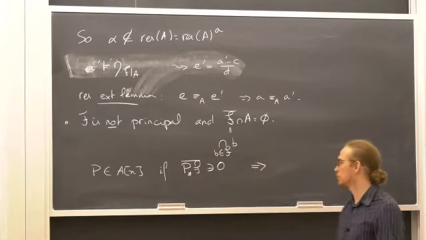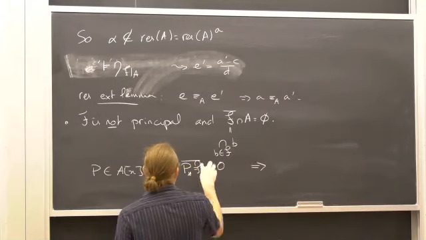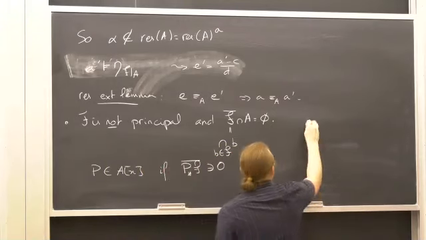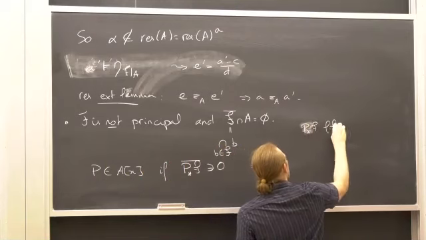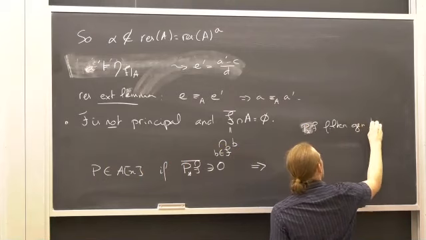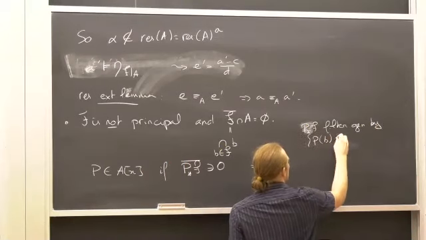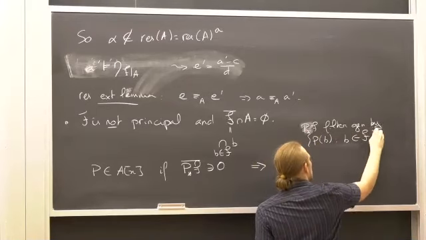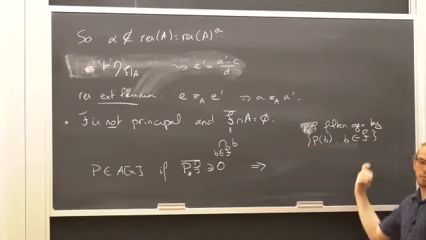Can you remind what is this? What is the star F? So P star F is the filter generated by the set of P of B where B is in F. You can check it's a filter base.